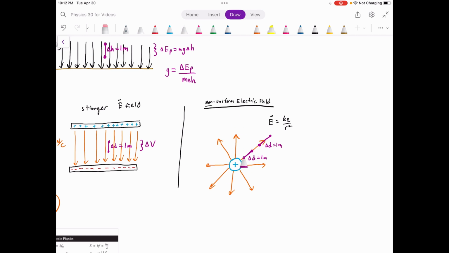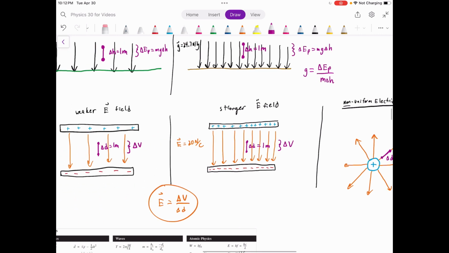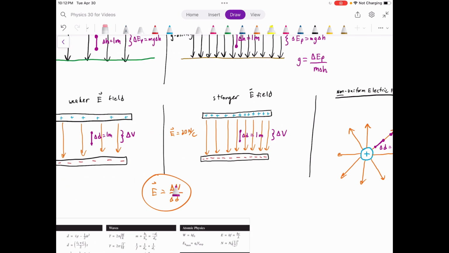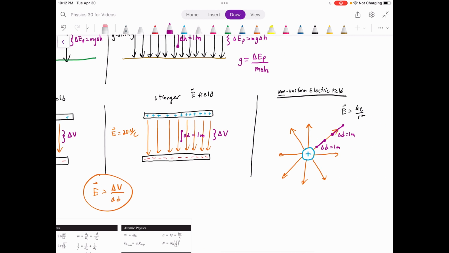The difference in voltage from here to here would be very different than the difference in voltage from here to here. Essentially, both of these are now changing within the same field for a change in distance of just 1 meter. It's not a uniform electric field. And that's why this equation, at least until you learn calculus, doesn't work very well for describing a non-uniform electric field.